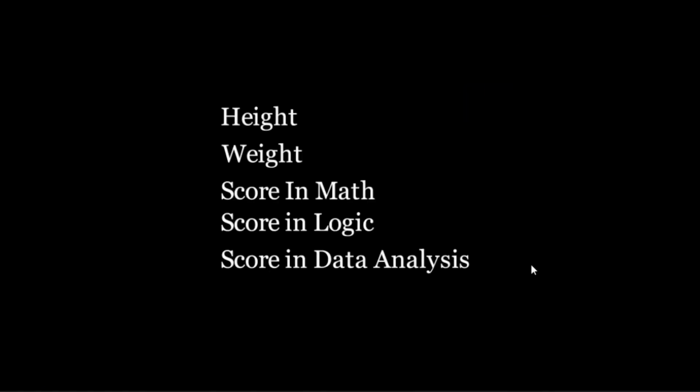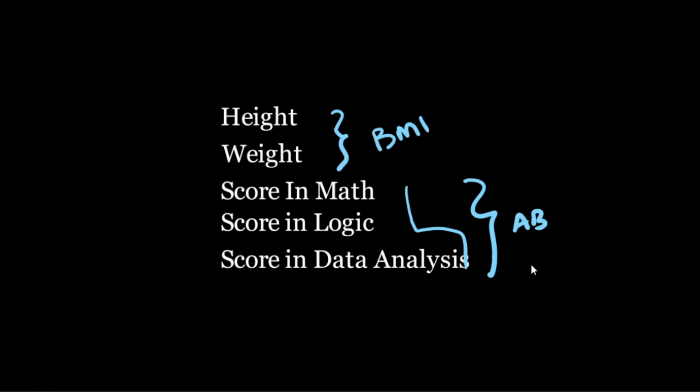Similarly, if you have the student data set with say 5 different dimensions here, you can probably figure out certain dimensions which are linear combinations of these two and probably call it BMI, body mass index, which captures information present in both weight and height, and a second linearly independent dimension called say analytical ability, which captures the information present in the score in math, logic, and data analysis, and therefore reduce the dimensionality of this data set from 5 to 2.